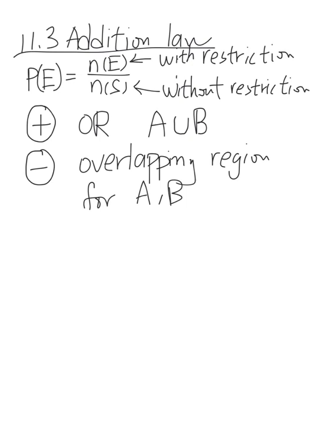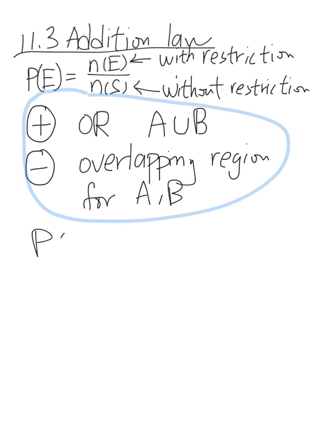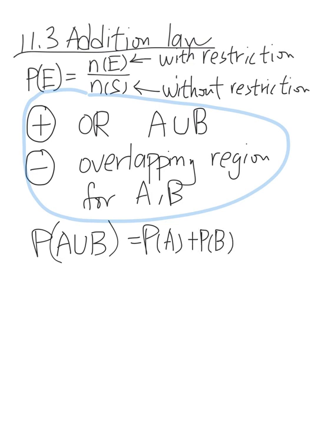Now, in probability, we have equations to summarize these two concepts. It is the following equation. When we're talking about A or B to happen, the probability is that we calculate the probability of A and then add the probability of B and minus the overlapping region.